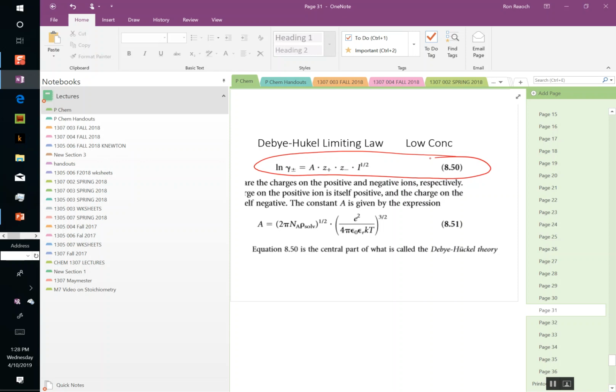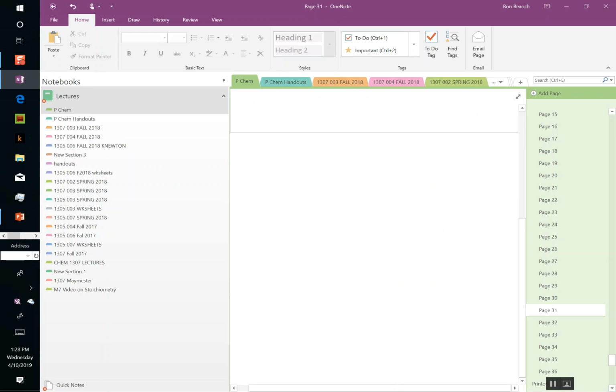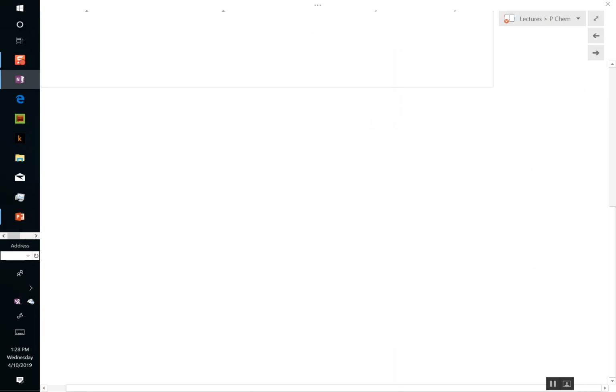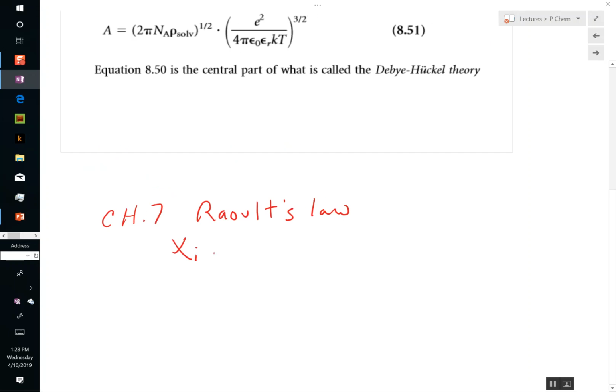Chapter 7, let's just make a couple quick comments about Chapter 7. And so there was Raoult's law. Remember we talked about the mole fraction of the solution and the mole fraction in the solution and how that impacted the partial pressures.